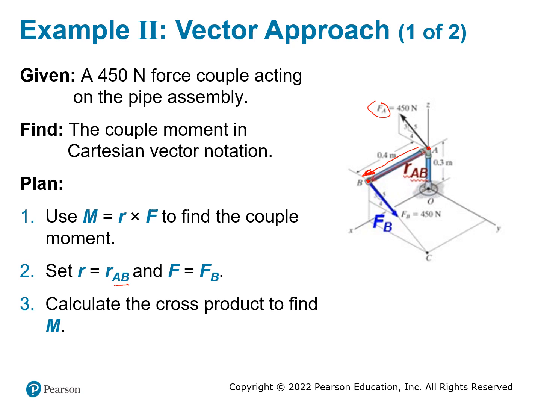It does not create any moment for this point. We are going to use this force to create a moment. So you use R of AB to cross with F of B. So this will be R AB cross F of B.